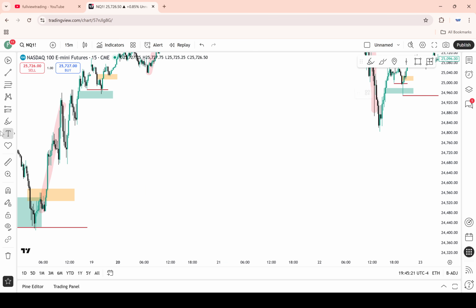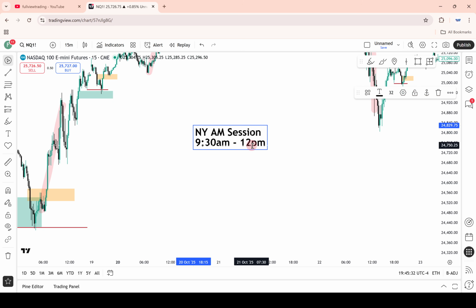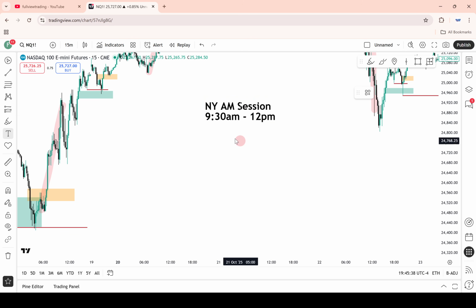Now, when is the New York AM session? Well, it's between roughly 9:30 in the morning till about 12 p.m. That's just where the most volume comes in, right? You can trade before that, you can trade after that, but that's when the most volume comes in and when most people like to trade it, number one.